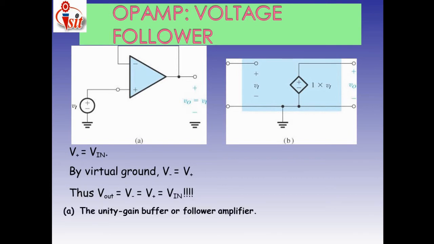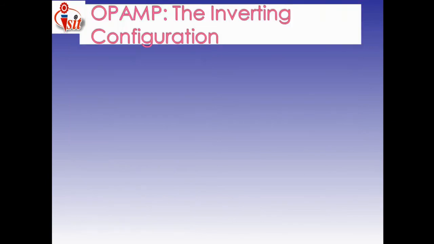That means whatever voltage is at the negative terminal is equal to the positive voltage. Thus the output voltage is equal to V in. The unity gain buffer or follower amplifier is given here. Then it is an equivalent circuit model.